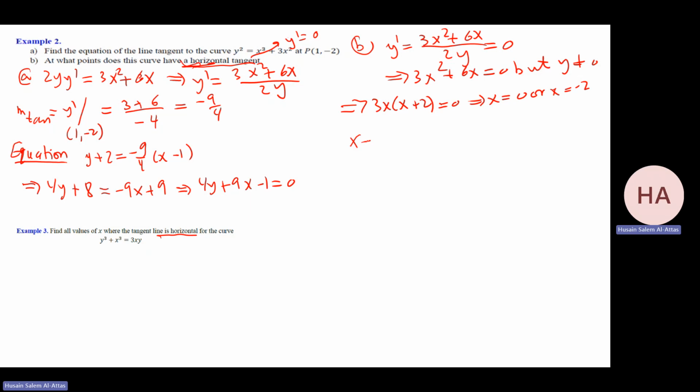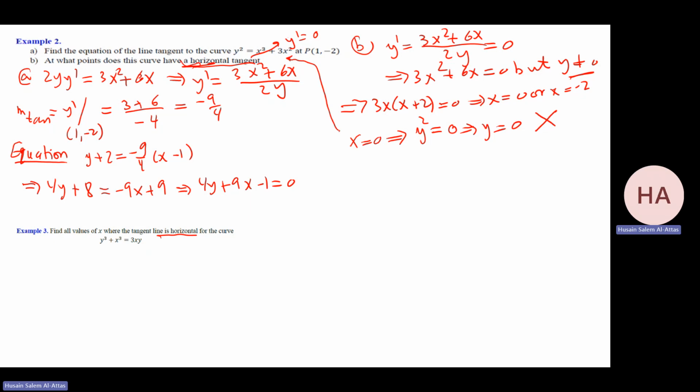X equals 0 implies what? Y will be what? How to get it? I substitute in the original equation. I get y square equals 0. So y equals 0. So this is rejected because y should not be equal to 0.